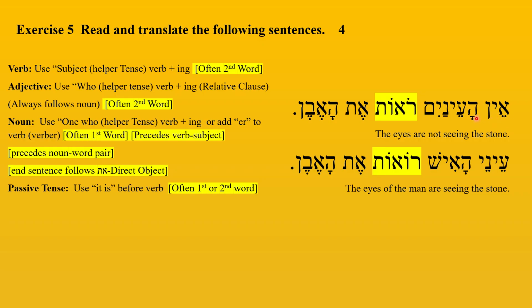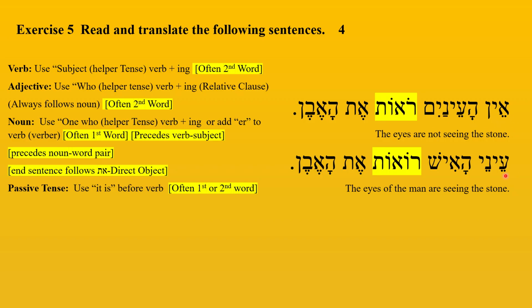So the eyes are not seeing the stone. Again, participle acting as the verb, but in the active tense. The eyes are seeing, or not seeing.